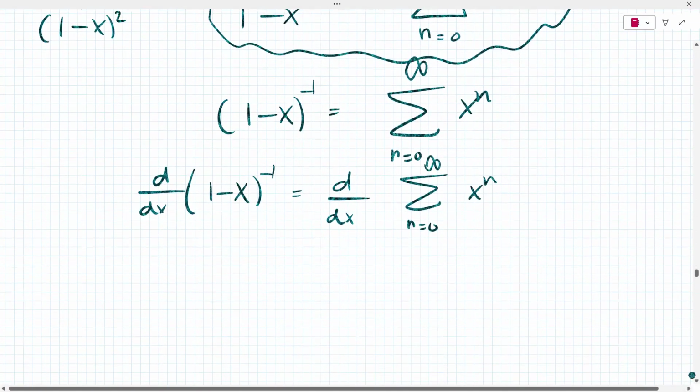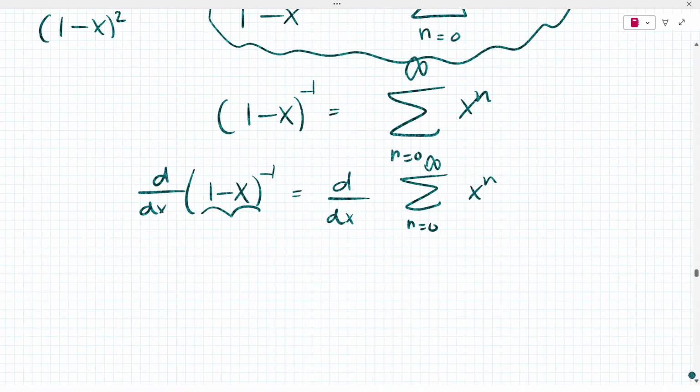So how do you take the derivative of 1 minus x to the negative 1? Yes, you must use the power rule and the chain rule. So start with the power rule. This has an invisible 1, so what's 1 times negative 1? Negative 1. Leave the inner parentheses alone.